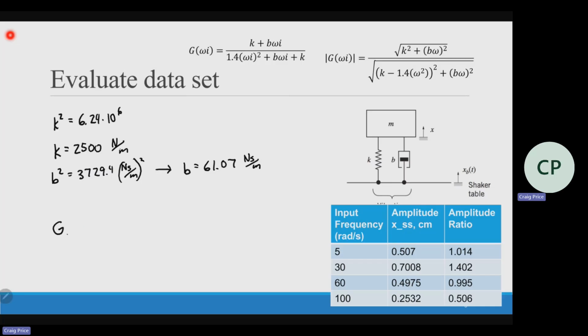And therefore, my transfer function would be 61.07 s plus 2,500 over 1.4 s squared plus 61.07 s plus 2,500.